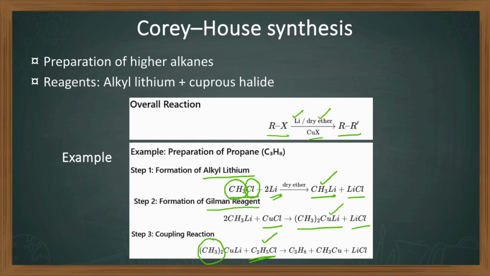If I take ethyl chloride as shown here, one of the methyl groups from this Gilman reagent couples with the R of the RX, producing propane. Based on the alkyl group in the alkyl halide, I get different alkanes in the product. Along with this I get methyl copper and lithium chloride as products.